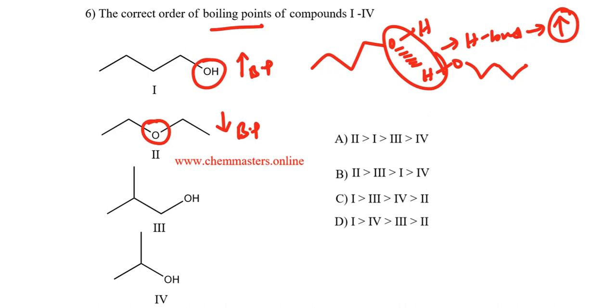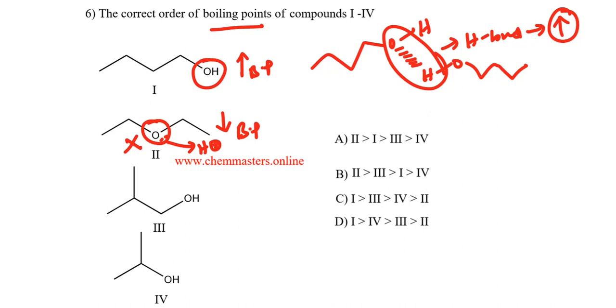When you observe ethers, ethers cannot make hydrogen bonding among themselves, because they lack hydrogen. But ethers can make bonding with a proton whenever hydrogen is available in the reaction media.